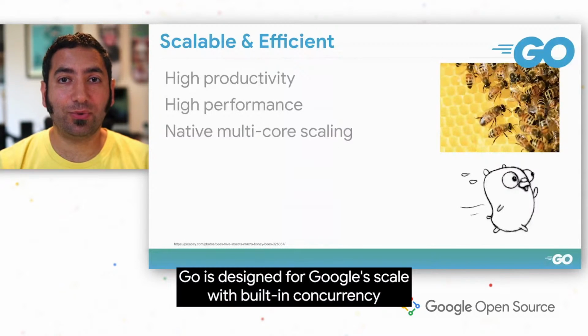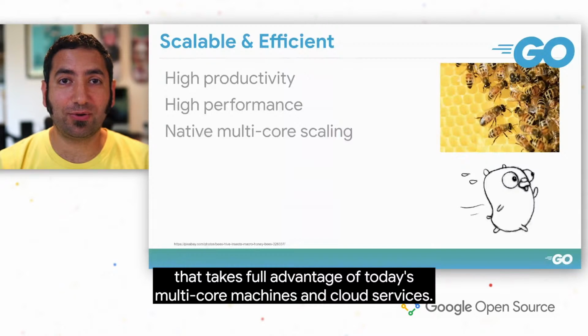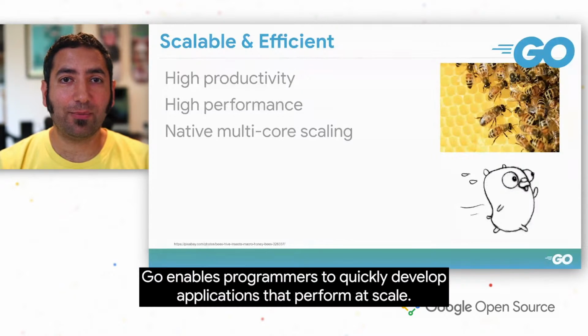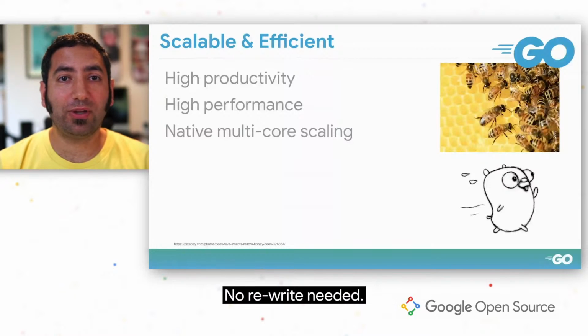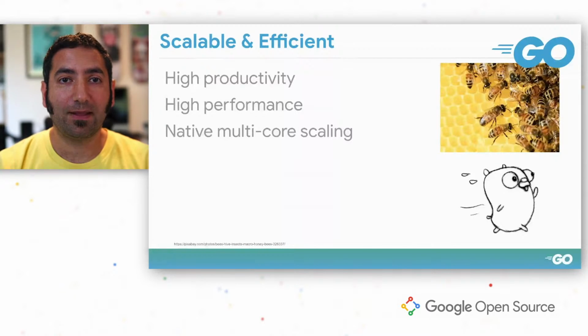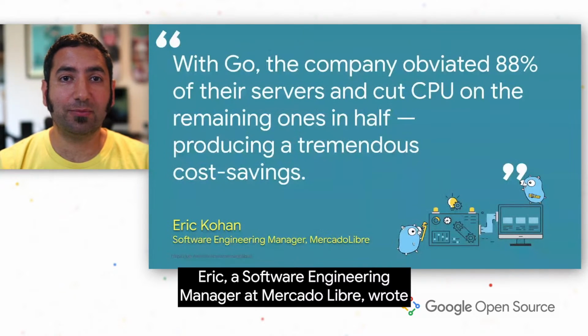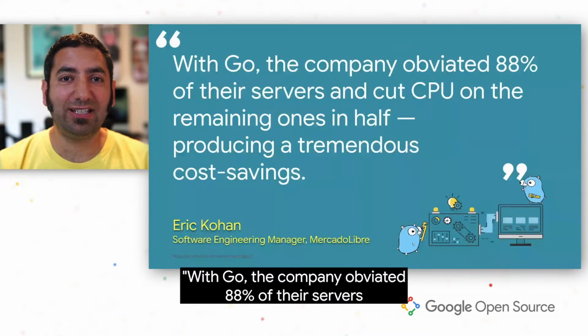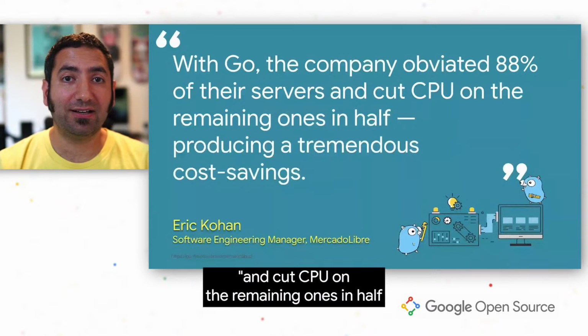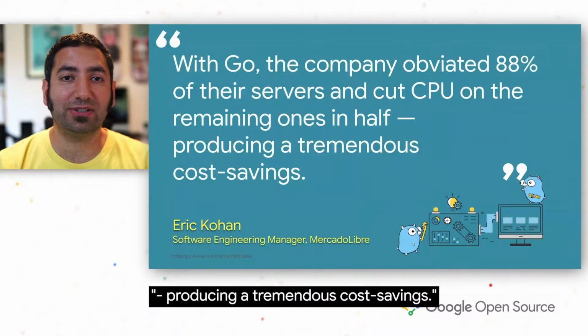Go is designed for Google scale, with built-in concurrency that takes full advantage of today's multi-core machines and cloud services. Go enables programmers to quickly develop applications that perform at scale. No rewrite needed. Eric, a software engineering manager at Mercado Libre, wrote, "With Go, the company obviated 88% of their servers and cut CPU on the remaining ones in half, producing a tremendous cost savings."